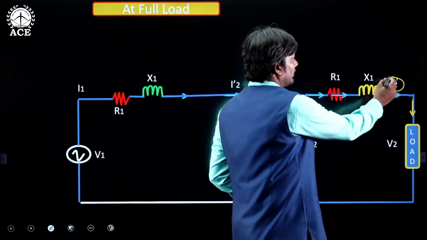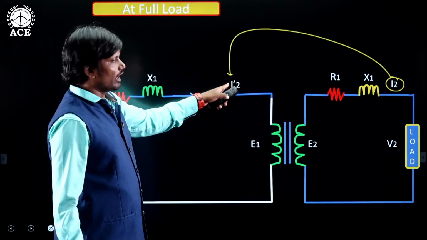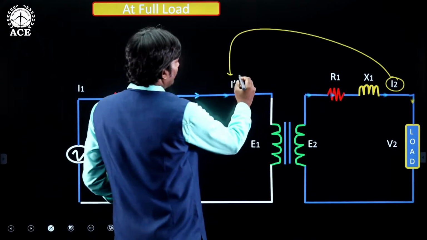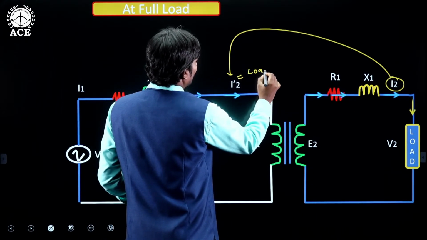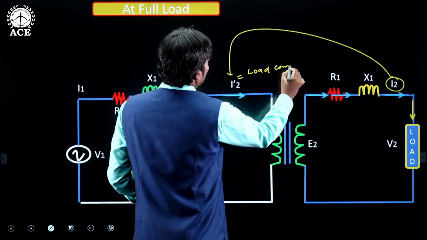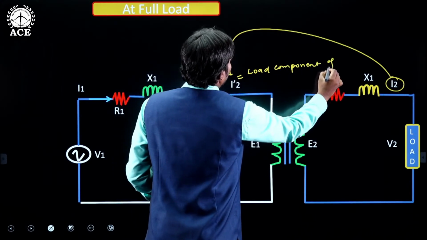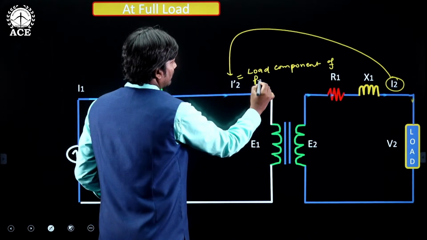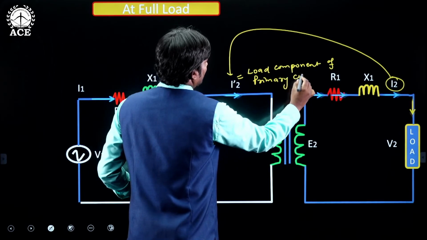Due to this current, primary draws the additional current, that is I2 dash. This is called load component of primary current.